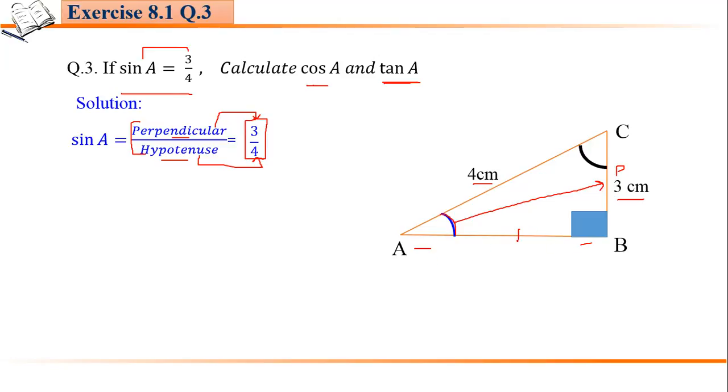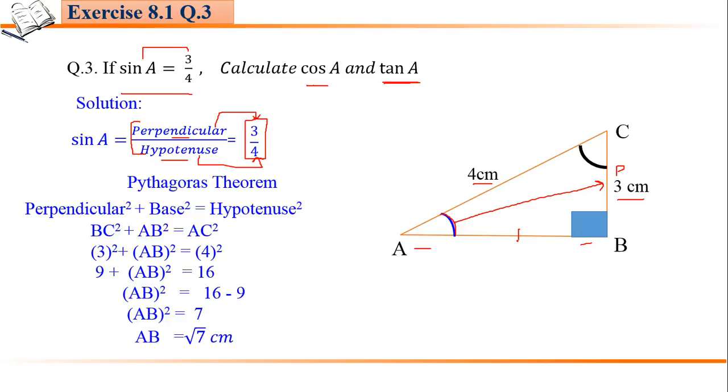How will we calculate it? Again we will use the Pythagoras theorem, that is perpendicular square plus base square is equal to hypotenuse square. Again, this is BC square plus AB square is equal to AC square. BC is 3, so 3 square plus AB square is equal to 4 square.